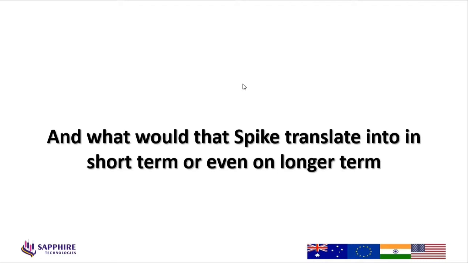So our key interest as a trader is that we need to find out what that particular spike in the underlying ETF or stock would translate into. Is it going to be an upward movement of the stock, or does it mean a sell off, which means the stock price or ETF price is going to go down?